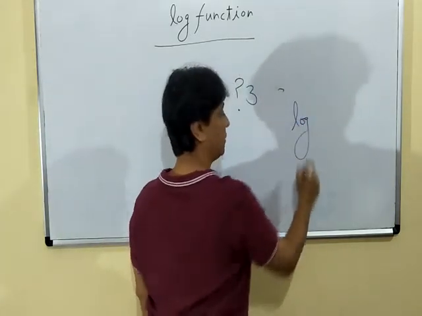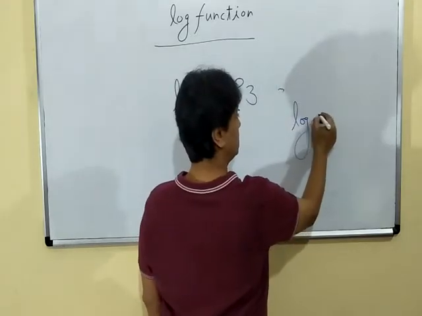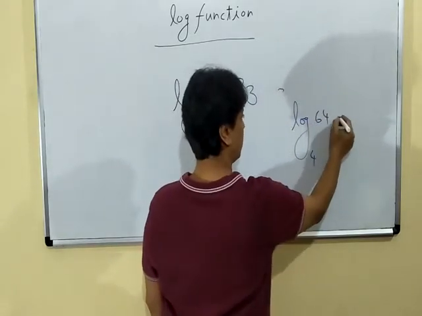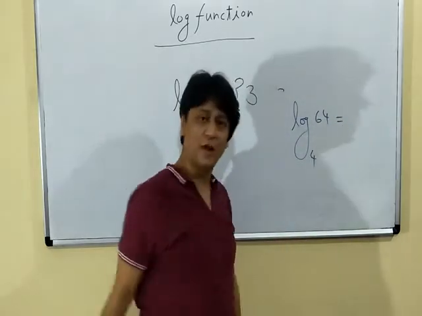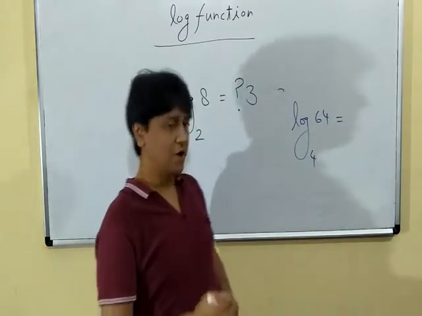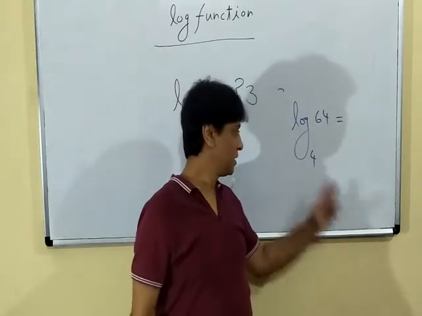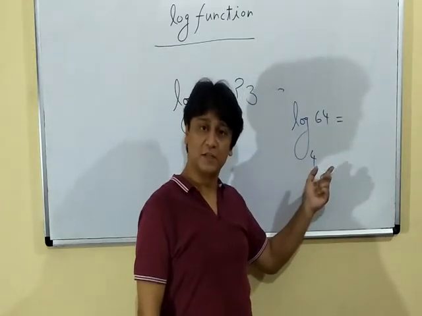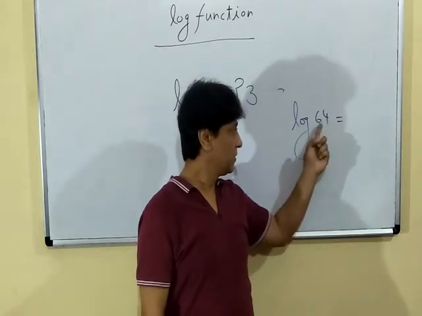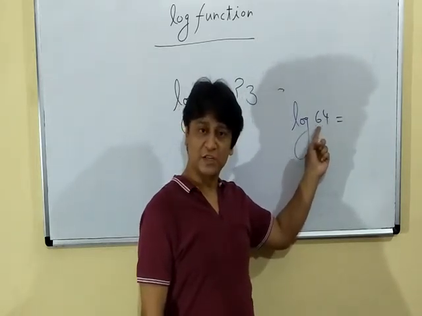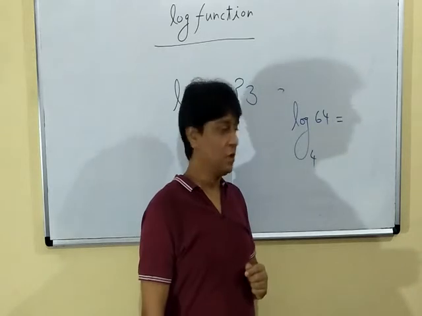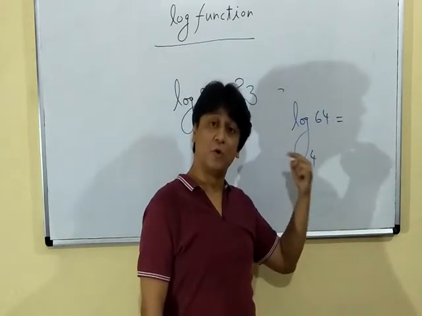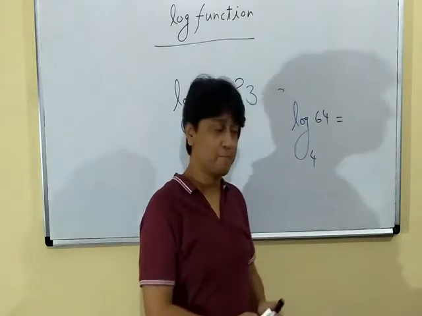Log 64 base 4. If I ask you what's the value of this thing, तो आपने अपने दिमाग में क्या रखना है? 4. इस पर कितना पावर रेस करें that it becomes what? 64. What is that power which you should raise over 4 so that you get 64?